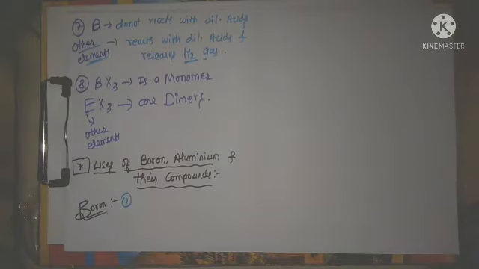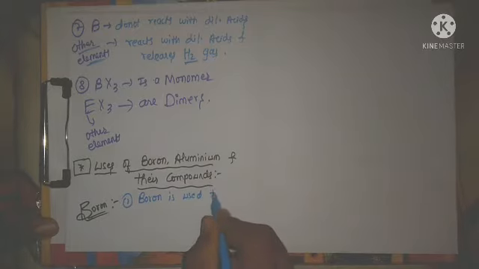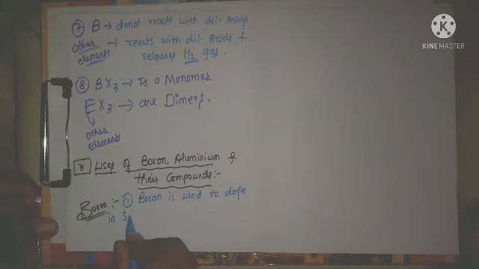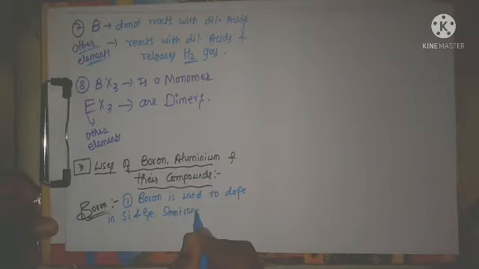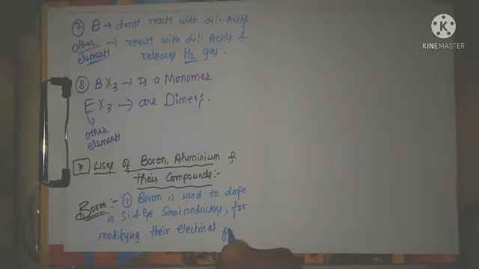Boron is used to dope in silicon and germanium semiconductors for modifying their electrical properties.